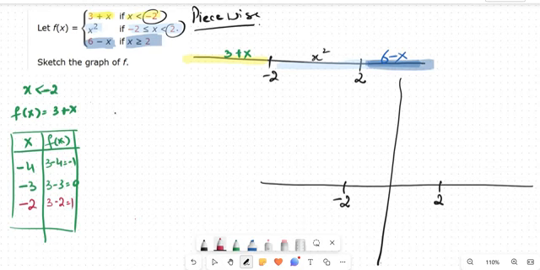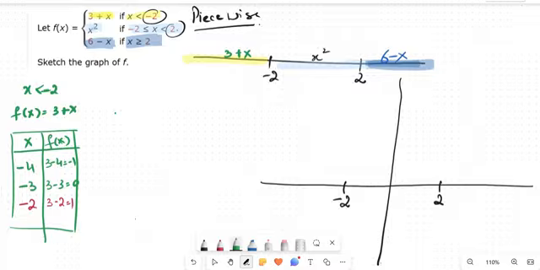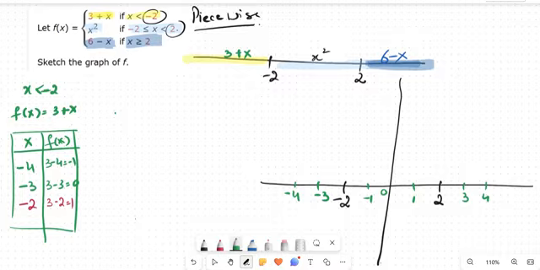Okay, so we're going to plot all these points. The x axis here: -4, -3, -2, -1, 0, 1, 2, 3, 4, and so on. And y values here negative.